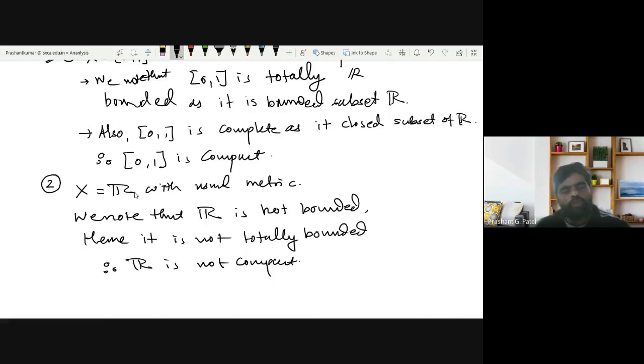Can you give me some examples which are not complete but are totally bounded?